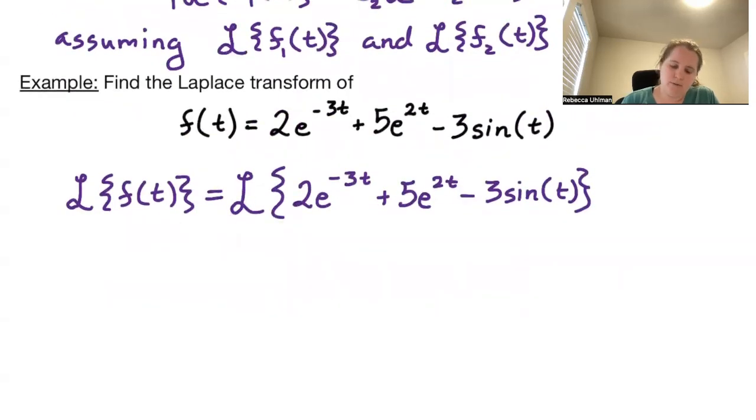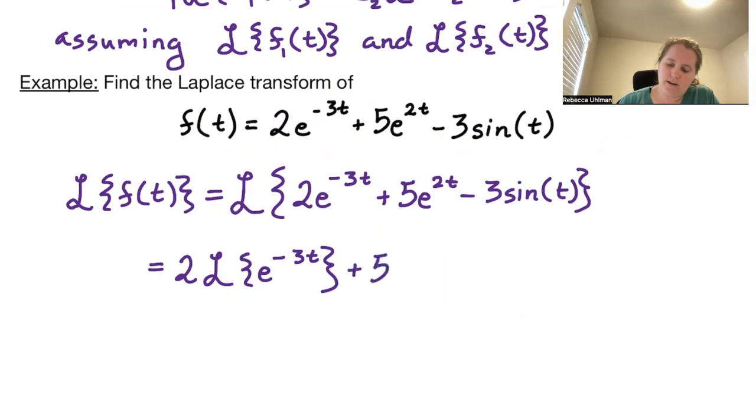And this is equal to, splitting across addition and pulling out those scalar multiples, 2 times the Laplace transform of e to the negative 3t plus 5 times the Laplace transform of e to the 2t minus 3 times the Laplace transform of sine of t.